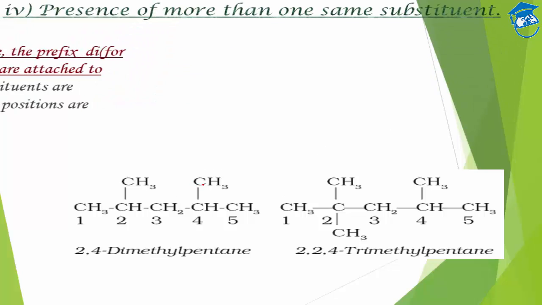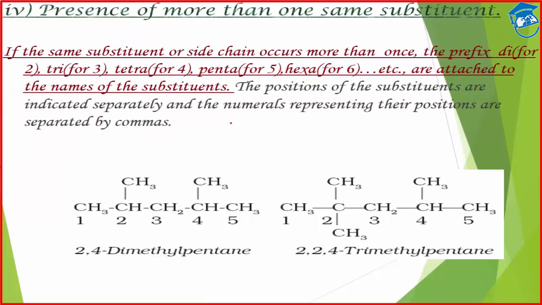Next, if there is more than one substituent at a place, then we'll use a prefix. For example, for 2 we use di, for 3 we use tri, for 4 tetra, and so on. And we also have to mention their positions, like here 2 and 4.